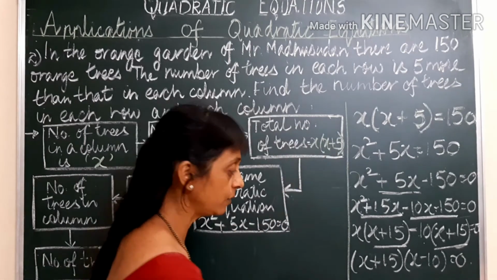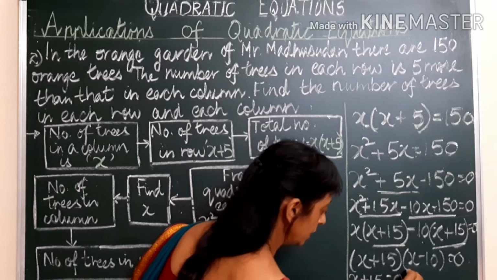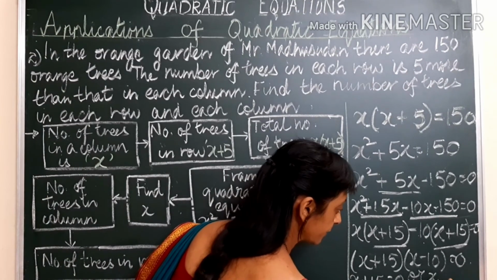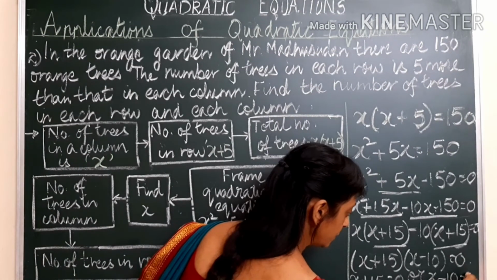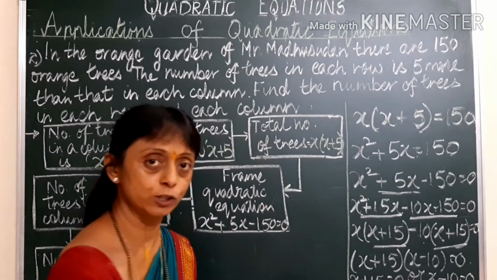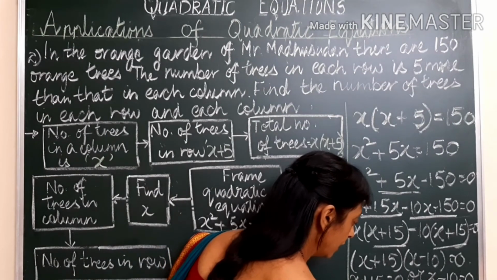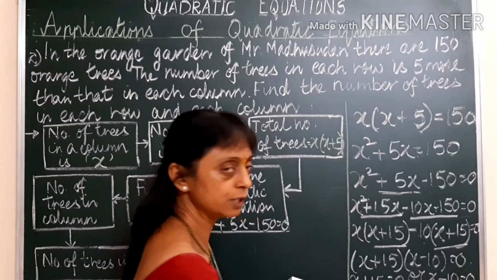So again over here, either x plus 15 is equal to 0 or x minus 10 is equal to 0. In this case, x will be equal to minus 15, or x is equal to 10, as the minus 10 goes to the other side.